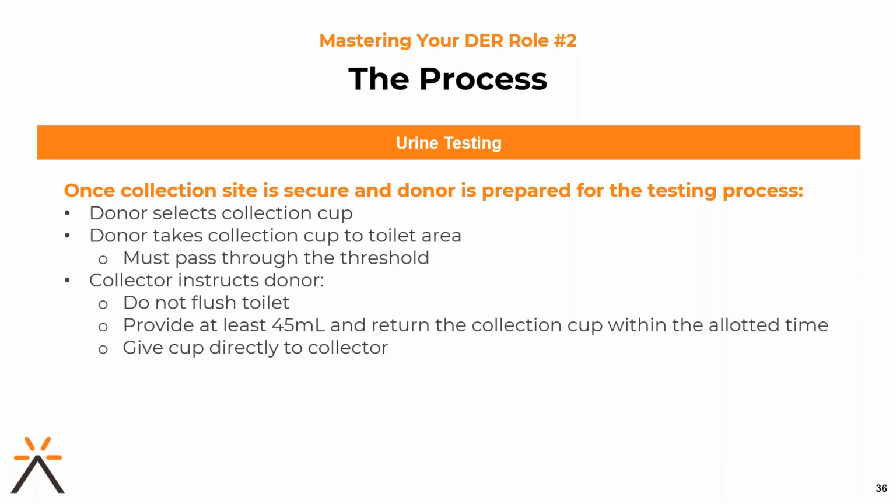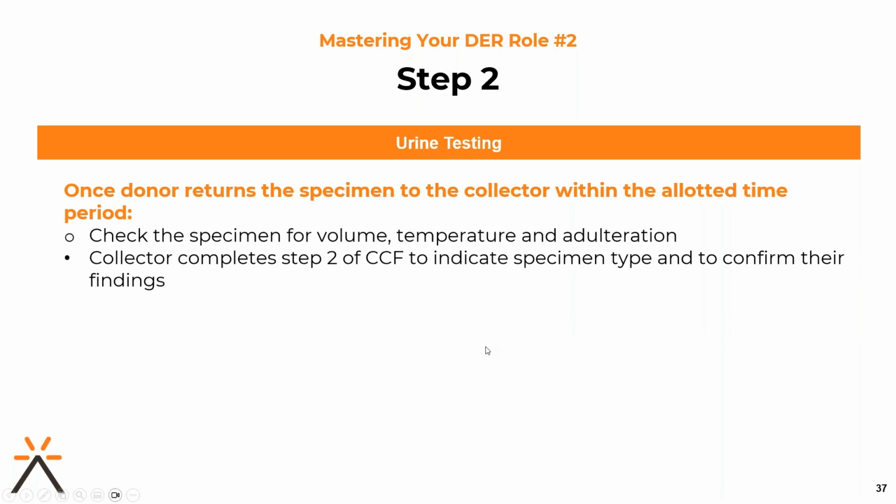I need you to give me at least 45 milliliters, and then return the collection cup here in the next few minutes. Really, they use that 4-minute timer here, because it shouldn't take longer than that to provide a void. But a collector is going to have to listen in on what's going on. And then the donor is going to hand that cup back to the collector, again keeping that cup in the donor's sight at all times.